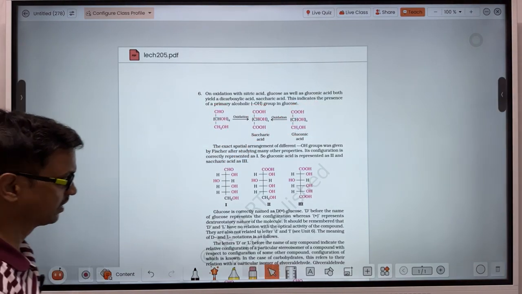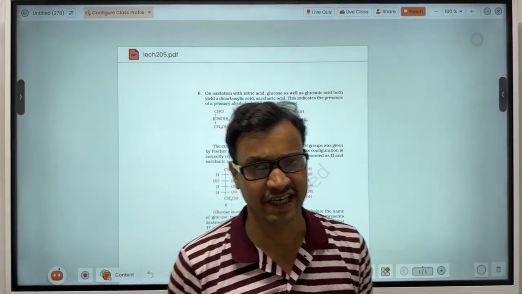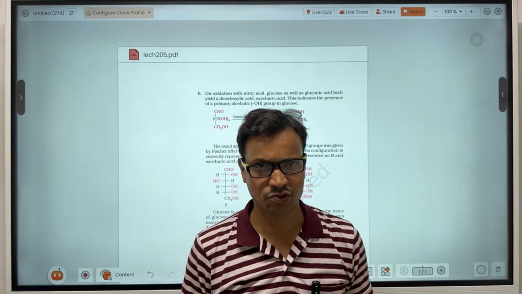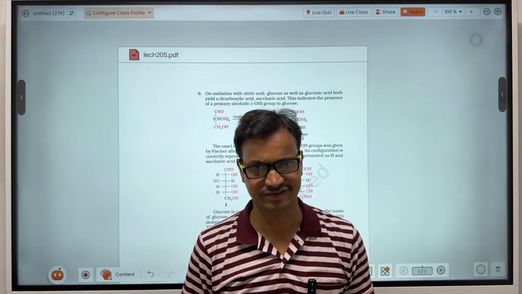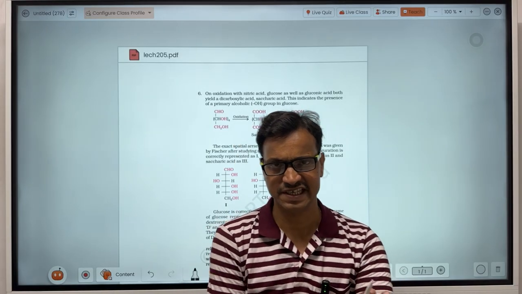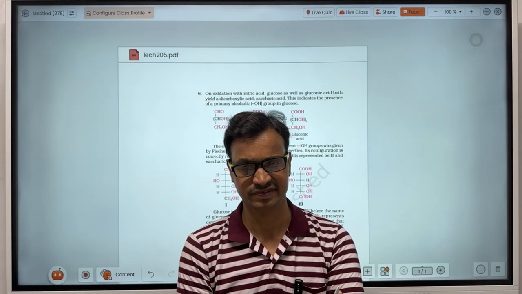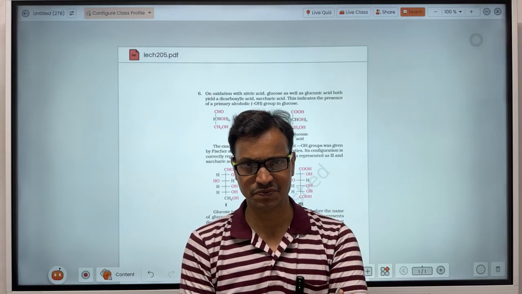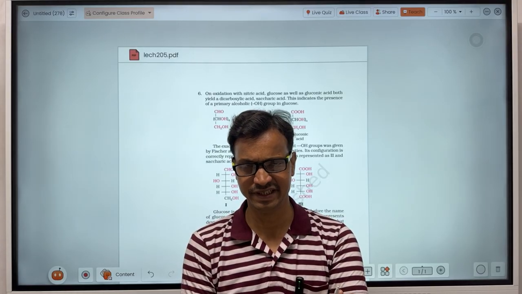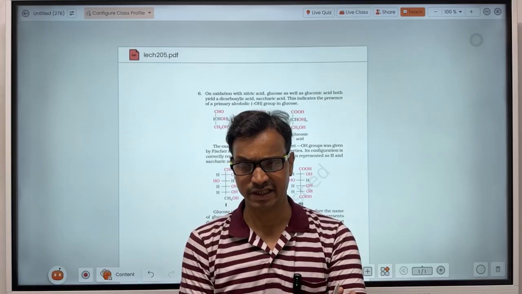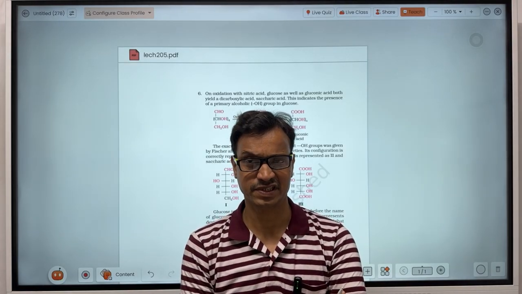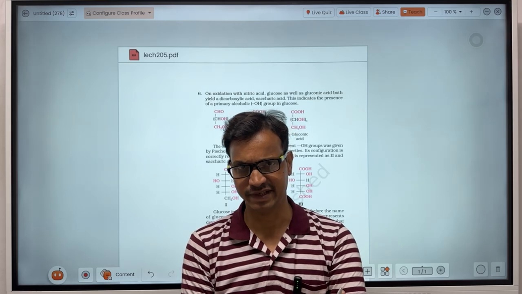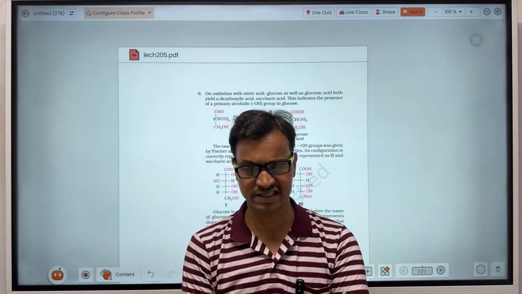Okay, just recall again: the reaction with HI indicates that glucose is made up of 6 carbon atoms, so glucose is a hexose. Second, when glucose was treated with hydroxylamine, that indicates that glucose contains an acyclic carbon atom. Same with HCN.